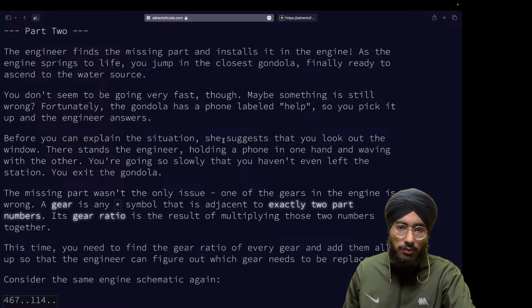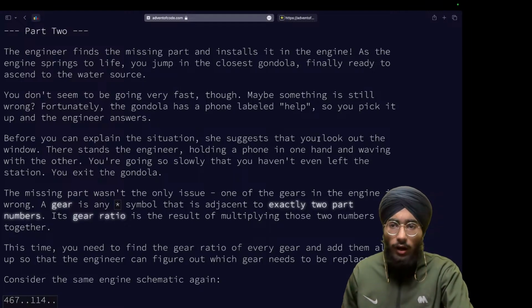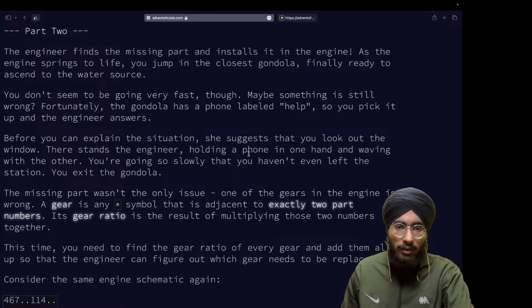Before you can explain the situation, she suggests that you look out the window. There stands the engineer, holding a phone in one hand and waving with the other. You are going so slowly that you haven't even left the station. You exit the gondola. The missing part wasn't the only issue. One of the gears in the engine is wrong.